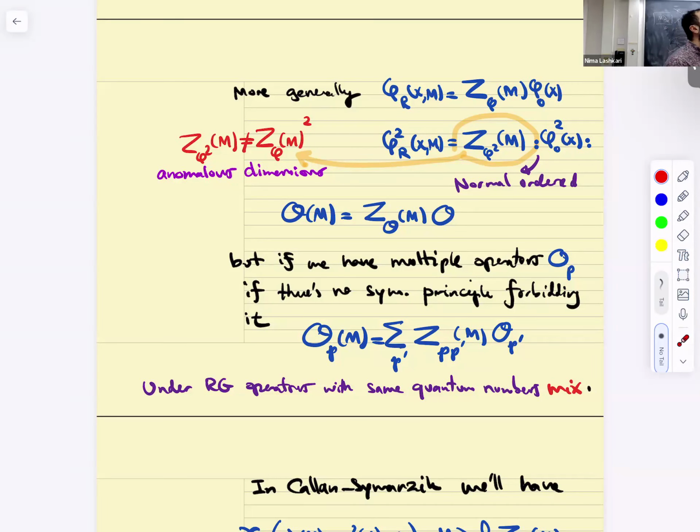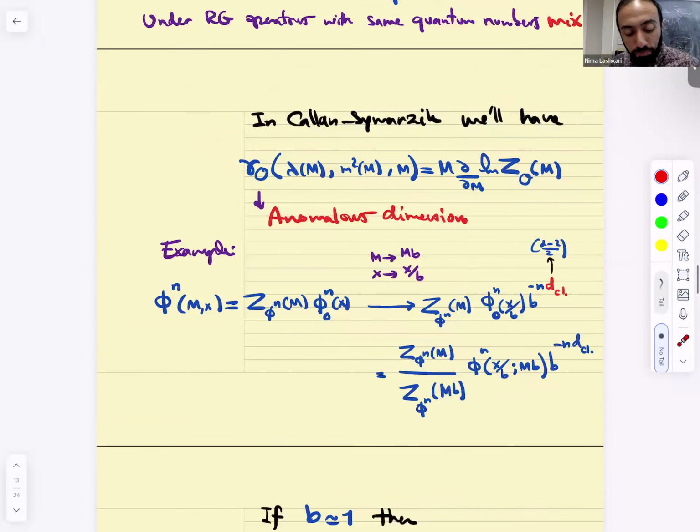They might end up with anomalous dimensions, and that just means that the wave function normalization of a composite operator is not a multiplication of the wave function normalizations of its constituent pieces. It has extra stuff in it. And we said that when you're doing renormalization, all operators that are allowed to mix will mix in general. So if there's no reason that forbids this, they will mix.